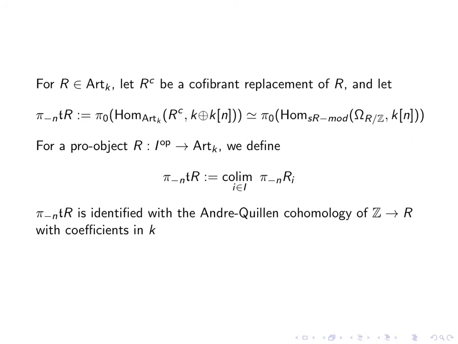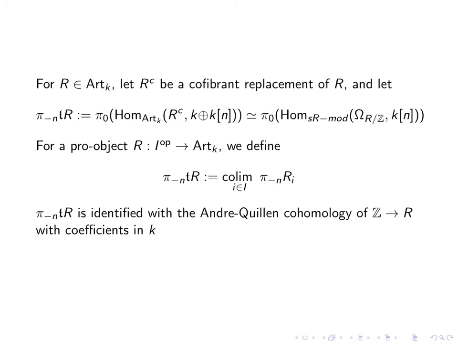For R an Artin simplicial ring, let R^c be its cofibrant replacement, and then define these homotopy groups, pi negative n of TR, as pi naught of the Homs from the cofibrant replacement of R to K ⊕ K[n].